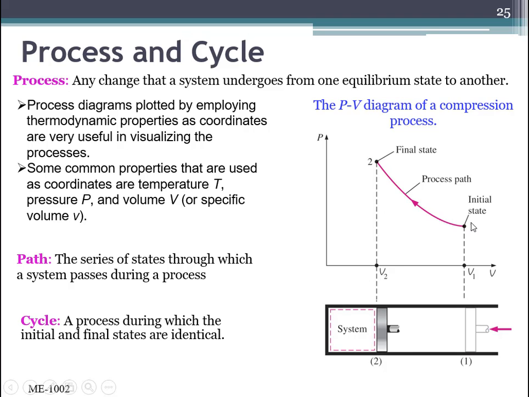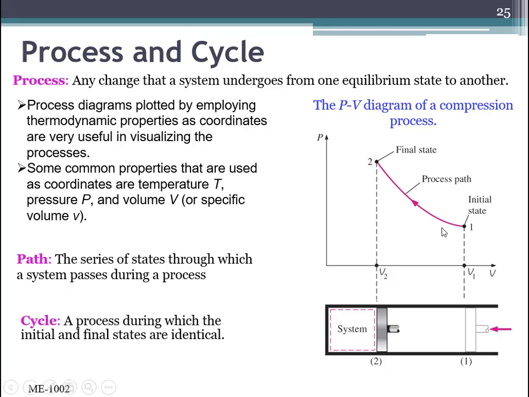So this point 1 is the initial state, that could be called an equilibrium state, and point 2 is a final state which is also at equilibrium, and in between, this line is called the process. Point 1 से point 2, जो एक equilibrium state से दूसरी equilibrium state तक सिस्टम आ गया है, और meanwhile it changes its properties, this is called process.